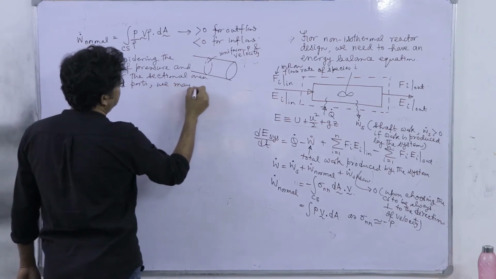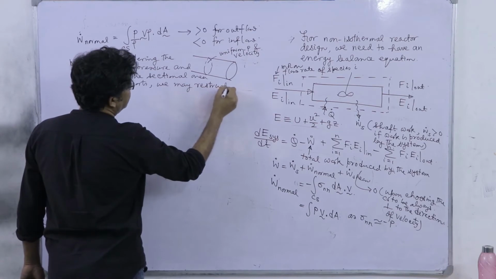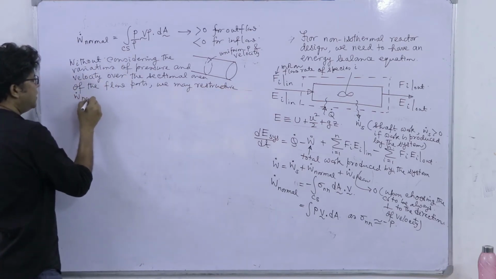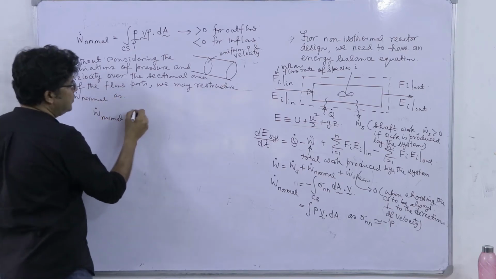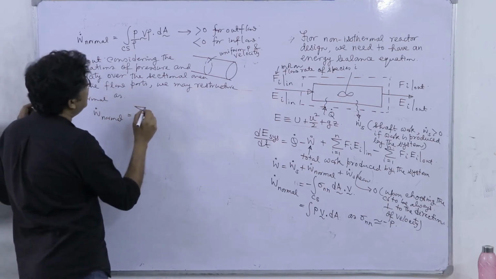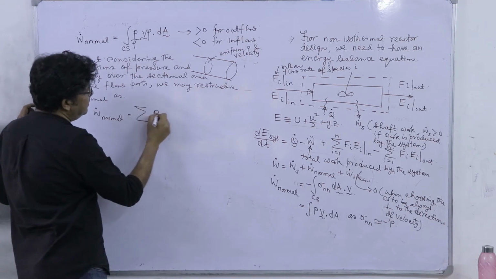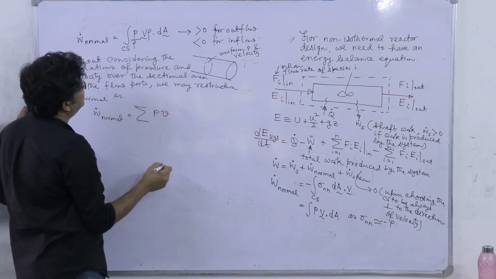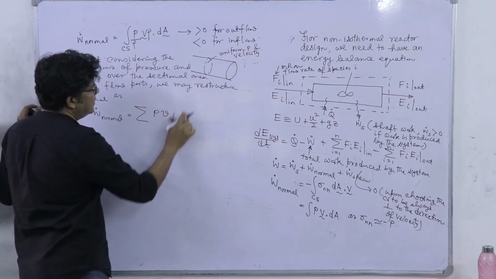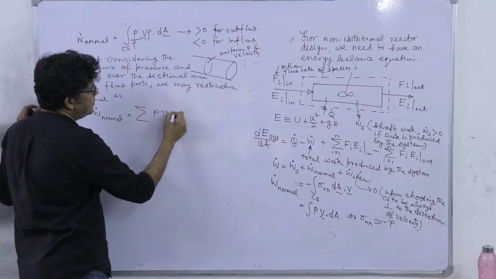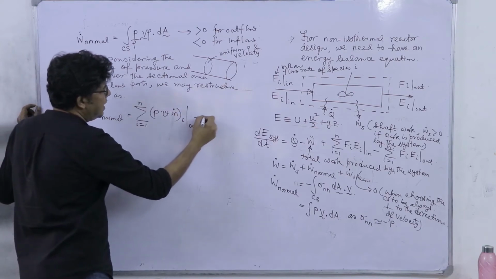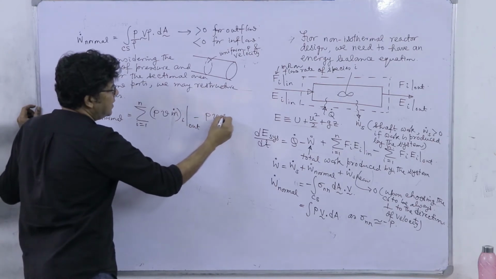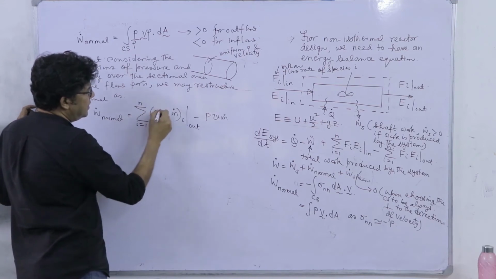We may restructure W dot normal as the sum of P by rho, which is basically P into V, into the mass flow rate for all species i equal to 1 to n for outflow, minus P into V into m dot for inflow.